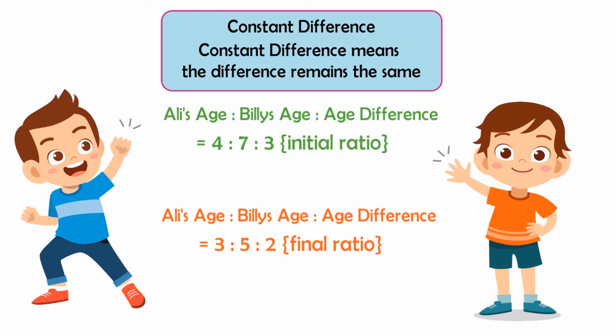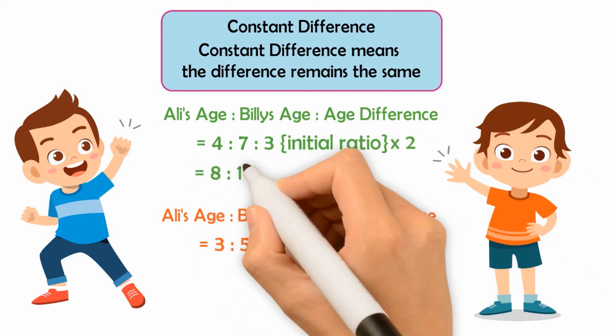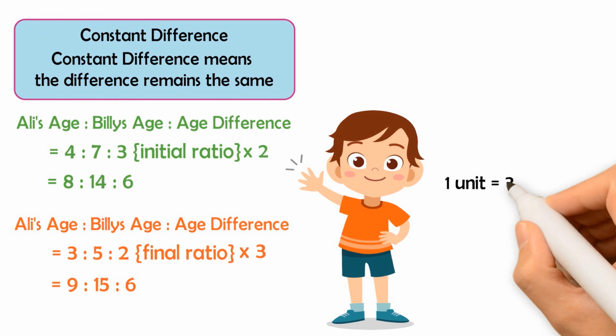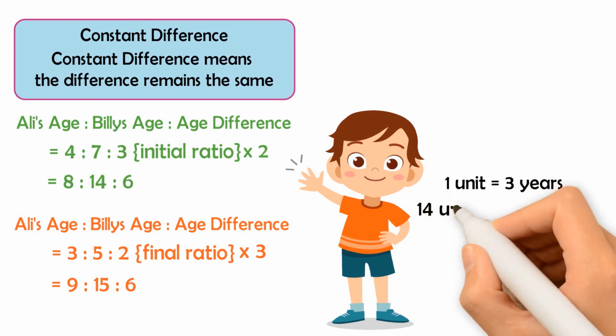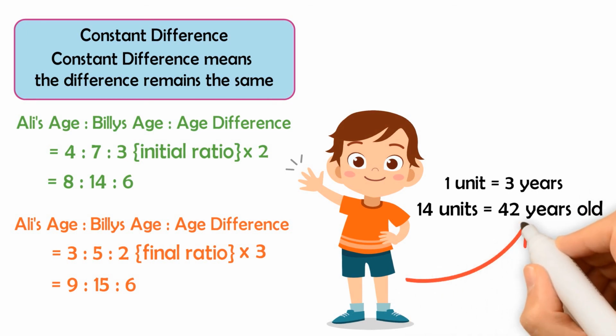Multiply initial ratio by 2 and final ratio by 3. Equals 8 to 14 to 6. Equals 9 to 15 to 6. Therefore, 1 unit equals 3 years. 14 units equals 42 years old. So, Billy is now 42 years old.